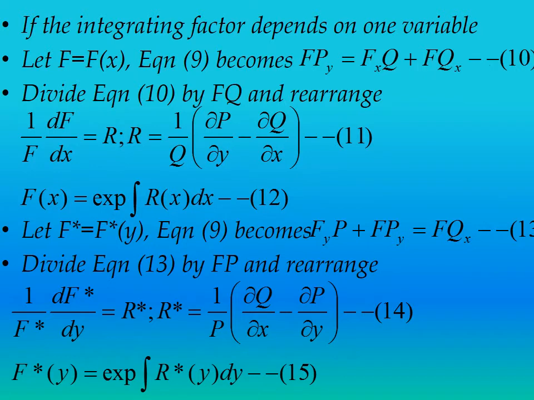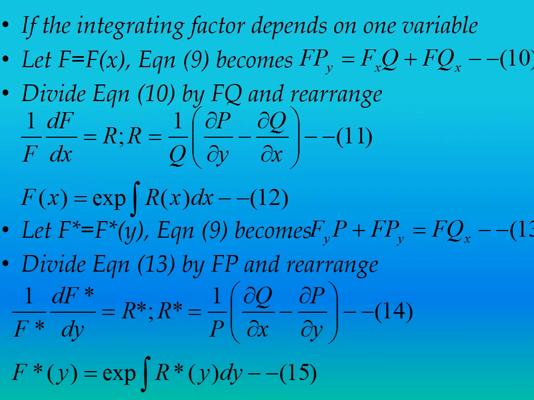In the previous case, the integrating factor is a function of x and y, so it is very difficult to solve. So here you consider that the integrating factor depends on only one variable. So you take f = f(x). So the above equation is f P_y = f_x Q + f Q_x.